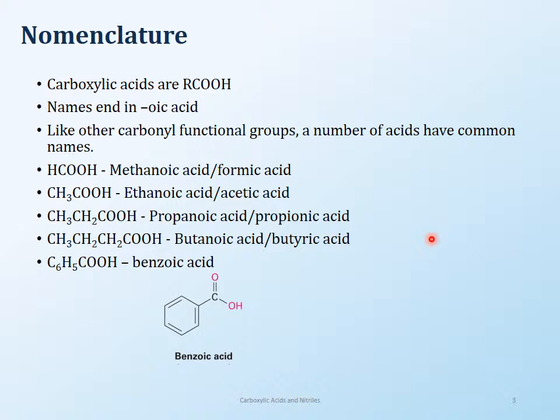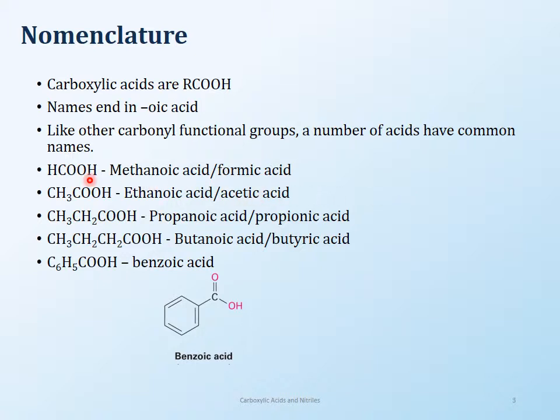The other thing about carboxylic acids that is not so unusual is that they do have a lot of common names. Carboxylic acids have been around for a long time, and so a lot of them have common names. As we go on, we'll learn about those also. And I will mention to you which ones are going to be required of you to know and which ones are not, because there's so many names, how can you remember all of them?